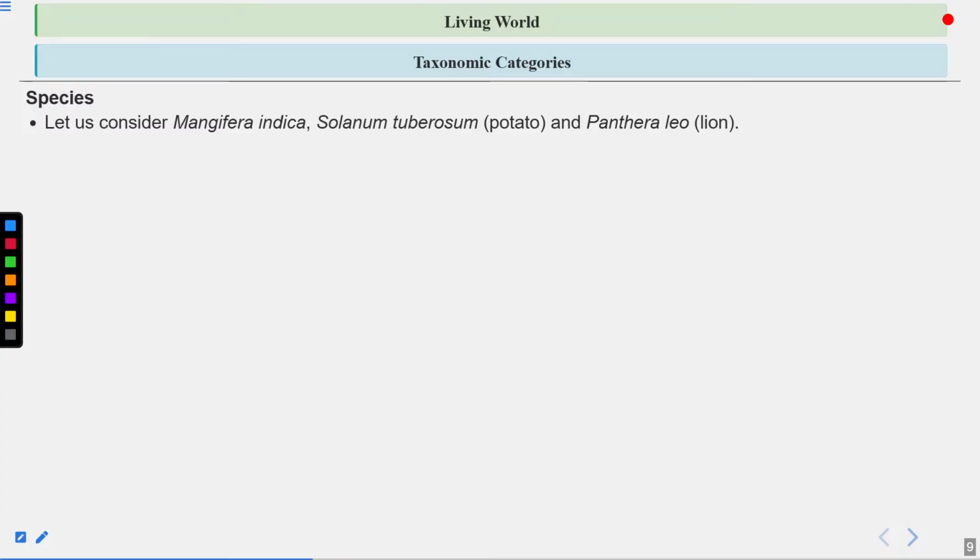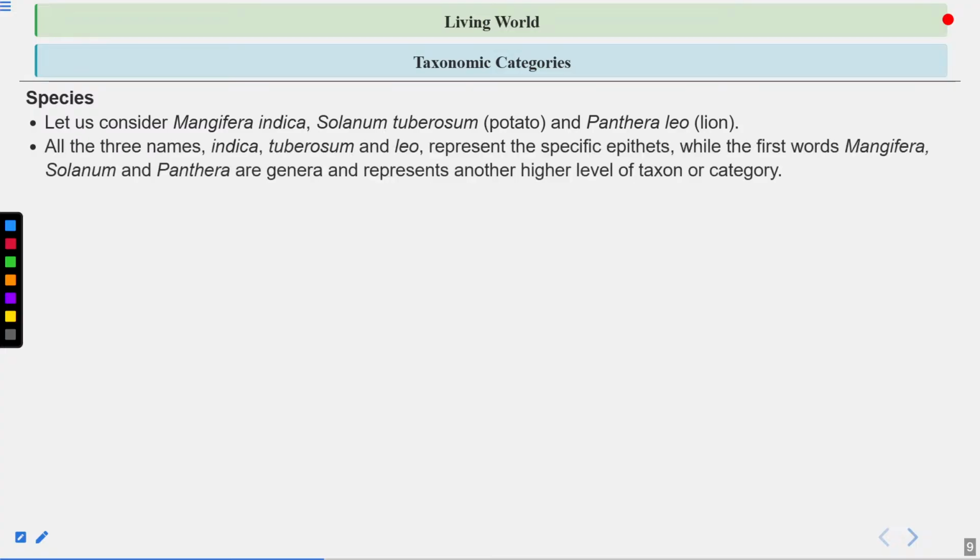Now let us consider Mangifera indica. This is the scientific name for mango. Solanum tuberosum is the scientific name for potato. Panthera leo is the scientific name for lion. So here indica, tuberosum and leo represent the specific epithet, meaning this is the species name. While the first words Mangifera, Solanum, Panthera are genera, meaning this is a genus name and represents another higher level of taxon or category.